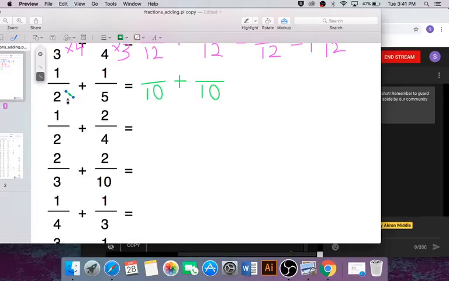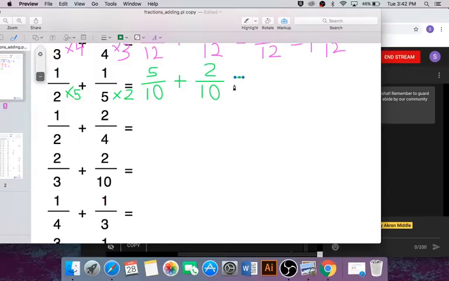So 2 times 5 gives us 10, and 5 times 2 gives us 10. Because we multiplied 2 times 5 to get 10, we're going to multiply 1 times 5 to get 5. Over here we multiplied 5 times 2 to get 10. So we're going to multiply 1 times 2 to get 2.